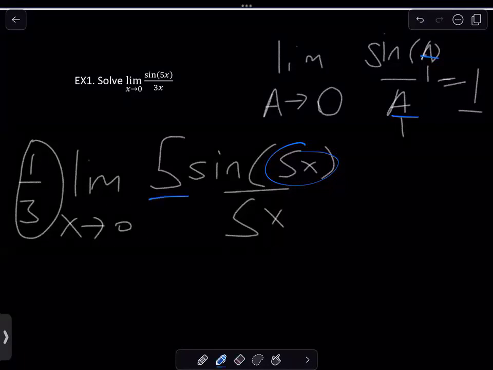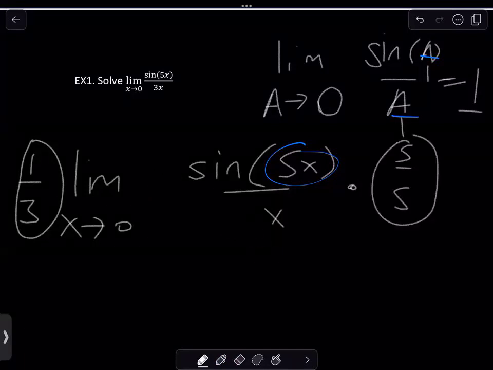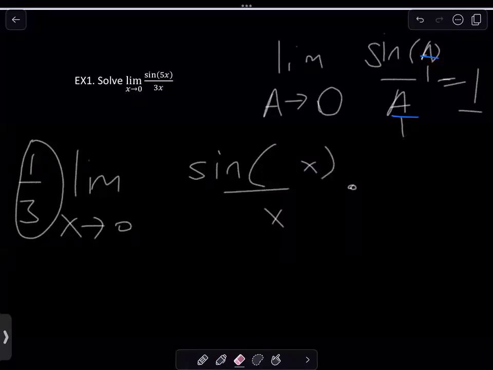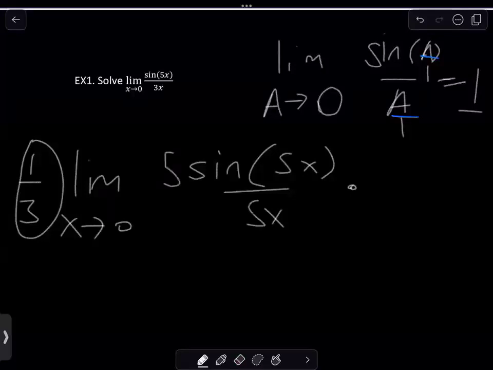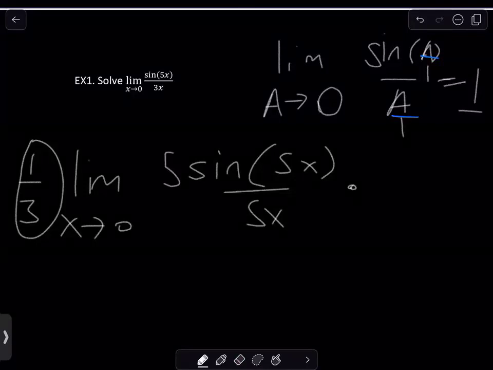What I'm effectively doing is multiplying this original expression by, let's use a dot for multiplication, 5 over 5. And 5 over 5 we know is 1. When I multiply an expression by 1, I'm not changing the value of that expression. So I'm just getting a 5 in the denominator and a 5 in the numerator, not changing its value. That's great. So this matches with that.